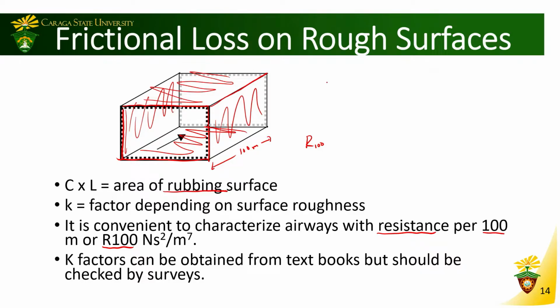So what is the resistance per 100-meter length? That is R100. And next, K factors can be obtained from textbooks but should be checked by surveys.